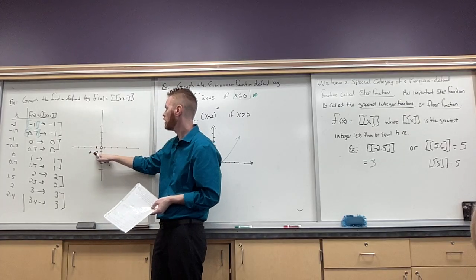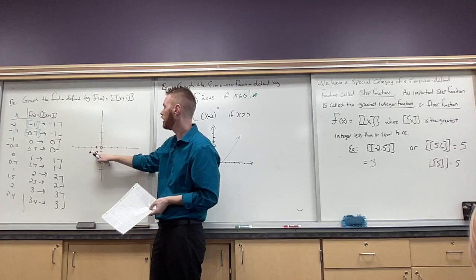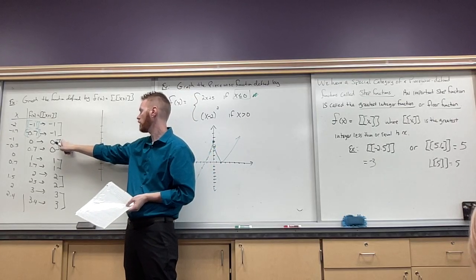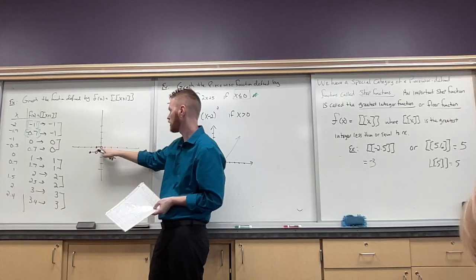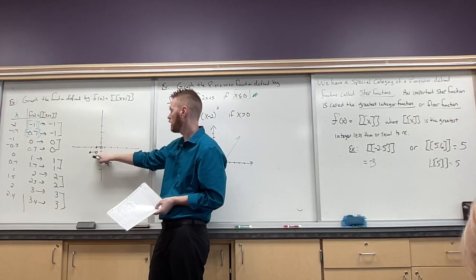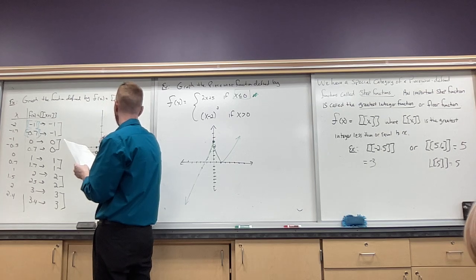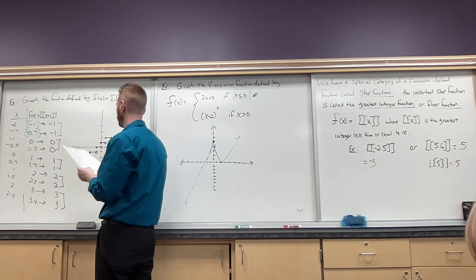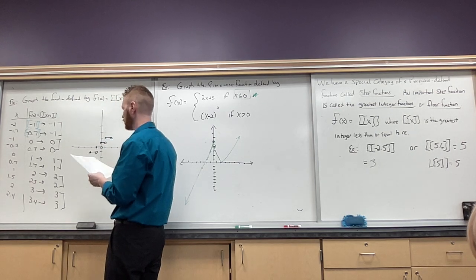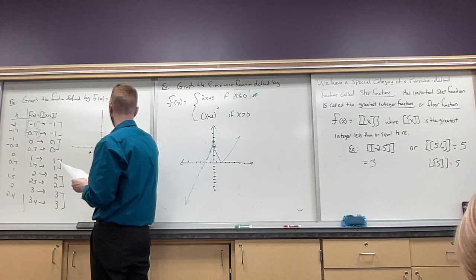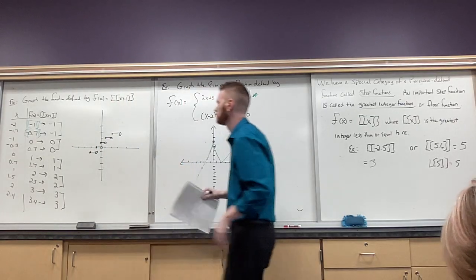This whole direction. But as soon as I hit -1, my output's 0, from there all the way to the x value of 0. So that's why there's an open dot there, okay? And then continue the pattern with that. So this is a closed dot, open, closed dot, open. I think I stopped at 2, right? Yeah. So then closed dot, open for the last part. There we go.